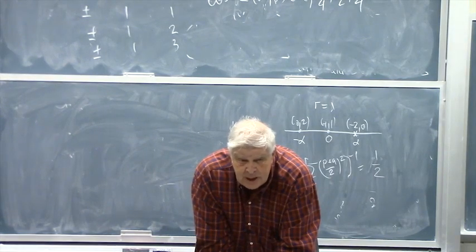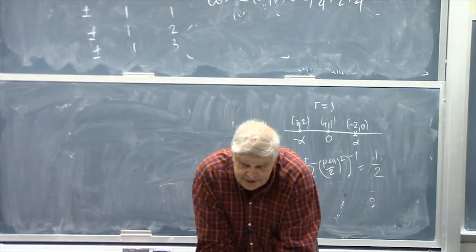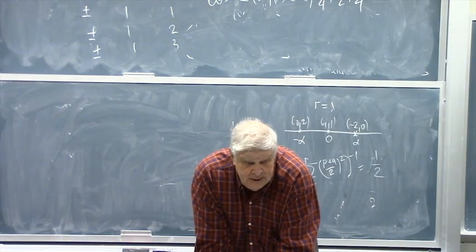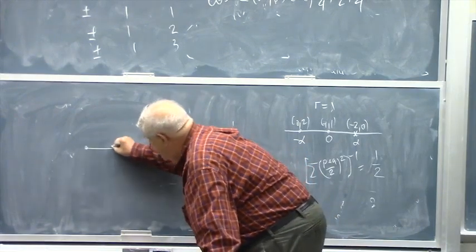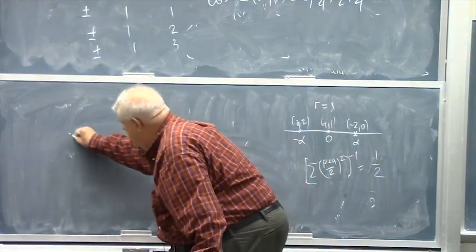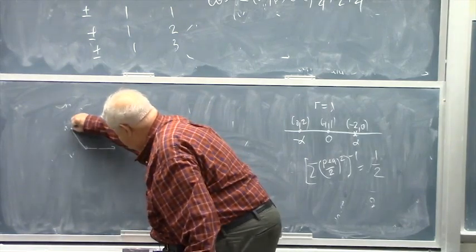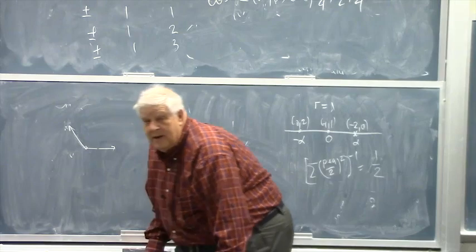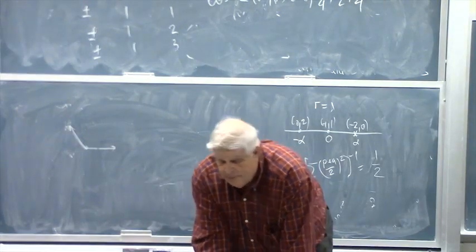Suppose that the minimal angle between roots is 60 degrees. It could be 60, 45, or 30. Then there are two roots of the same length, with the angle of 120 degrees, right? One more root here.